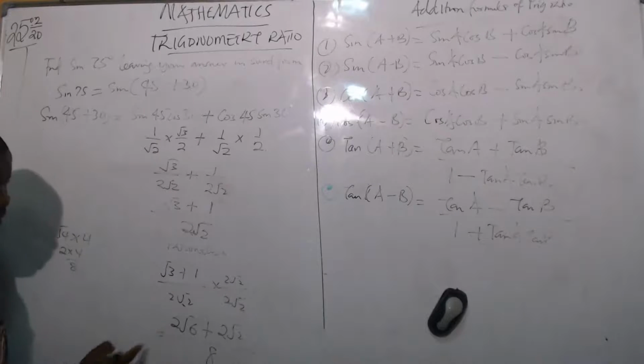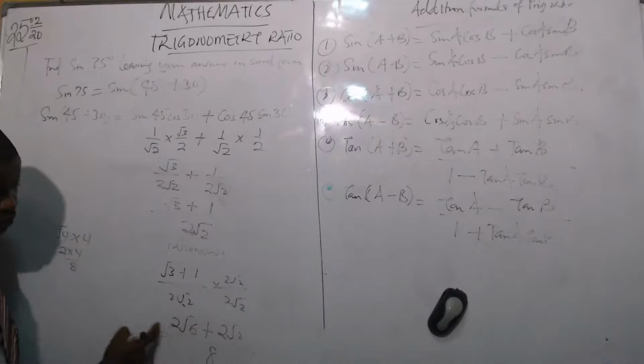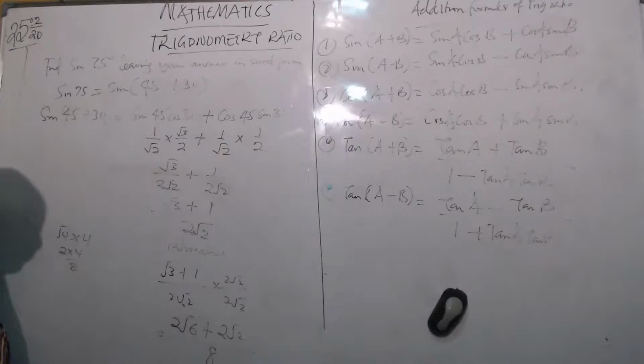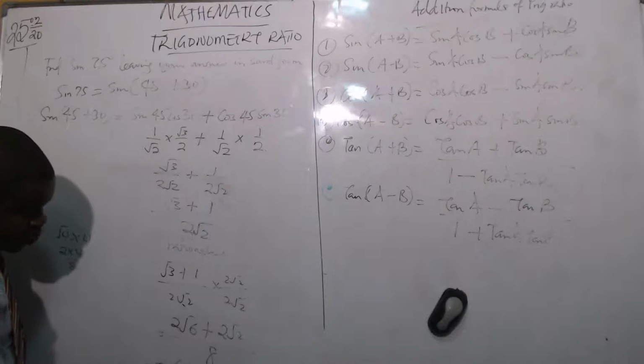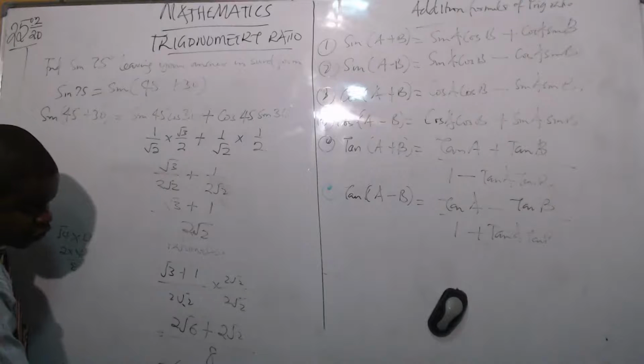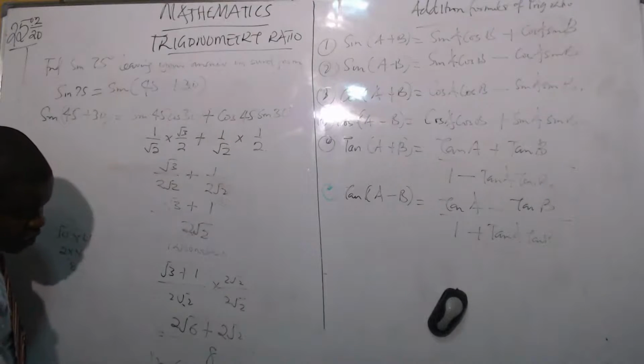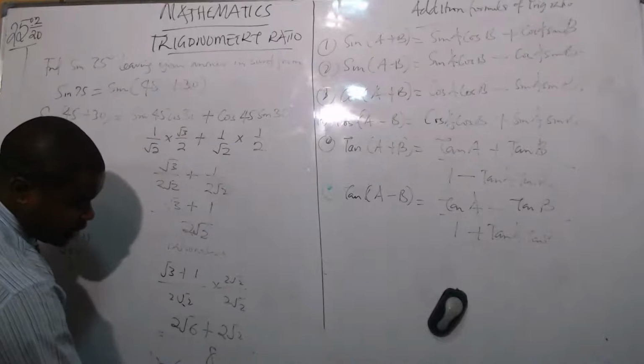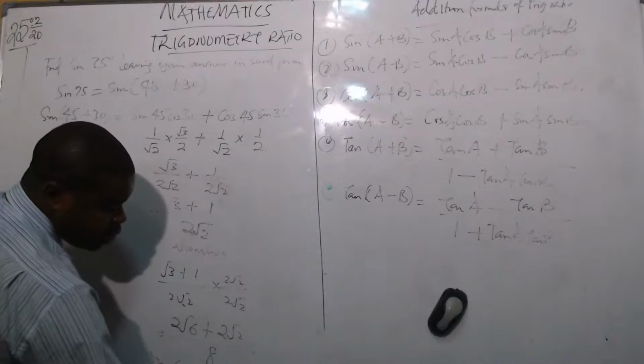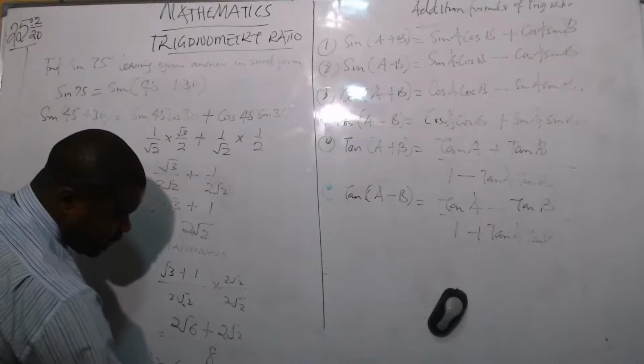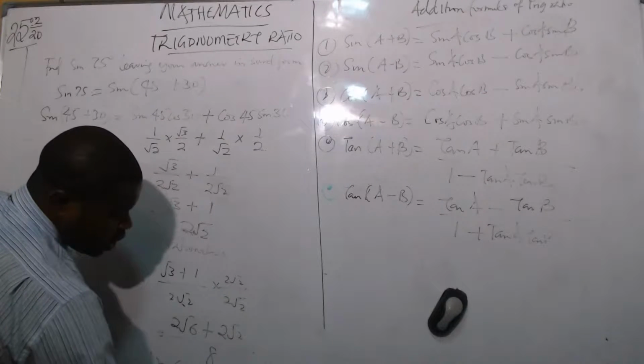Right? Now if you look at this, 2 is common to both sides. So you have 2 bracket root 6 plus root 2 over 8. 2 here 1, 2 here 4. So our answer now becomes root 6 plus root 2 divided by 4.